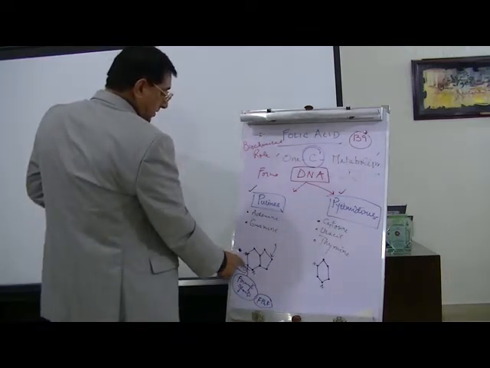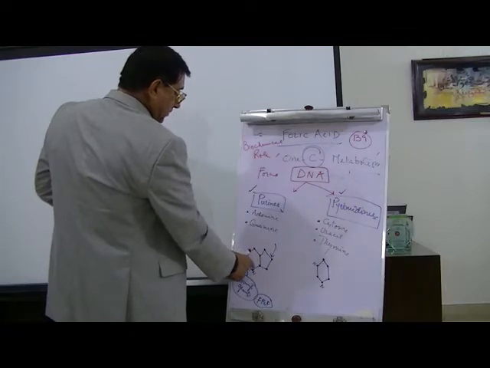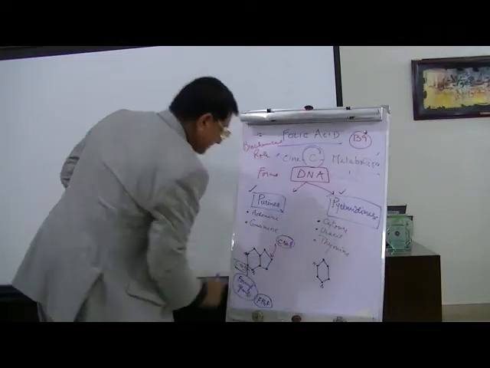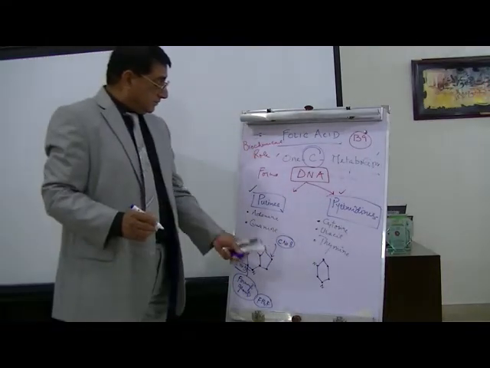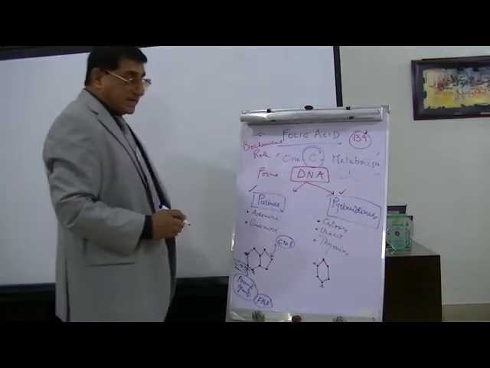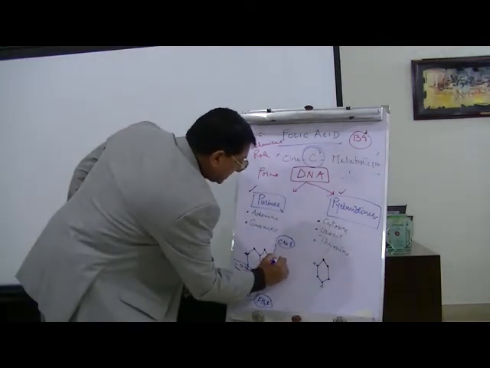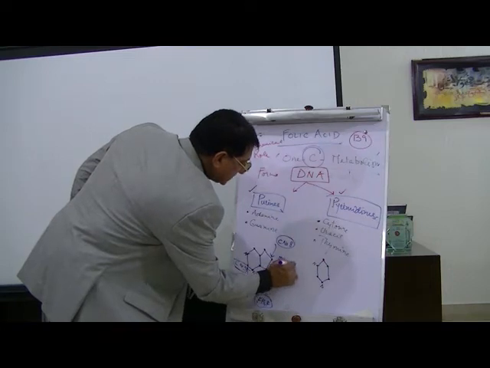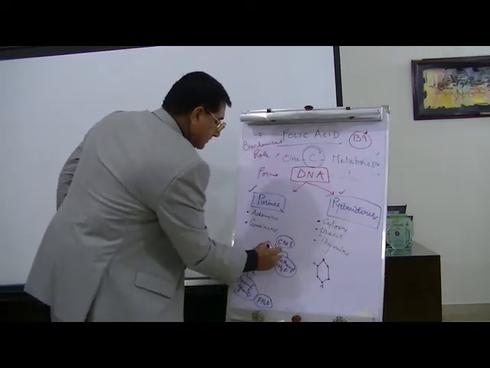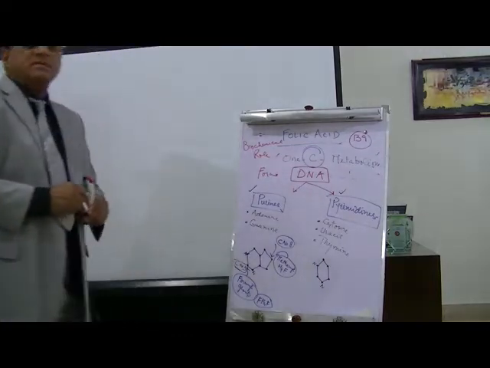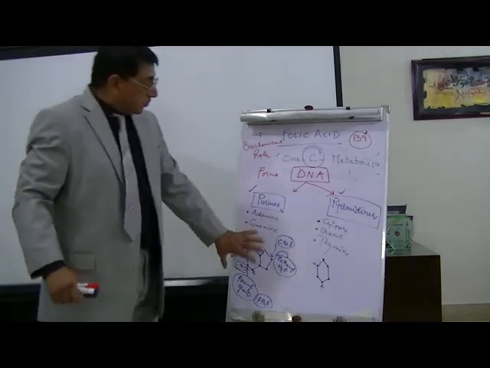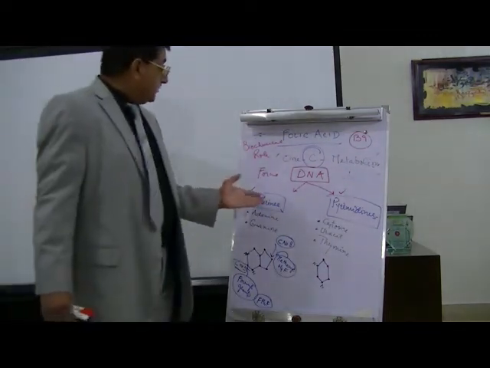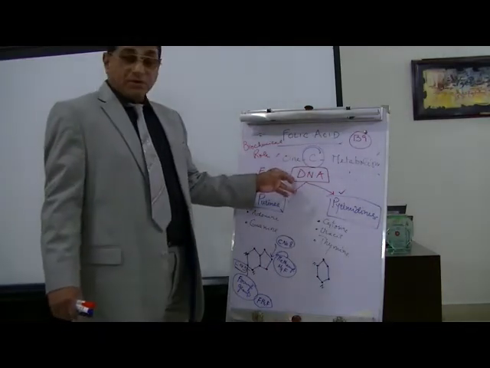While it forms this carbon number 8, 1, 2, 3, 4, 5, 6, 7, 8, by means of methynyl tetrahydrofolate. Purine is essential for the formation of DNA.